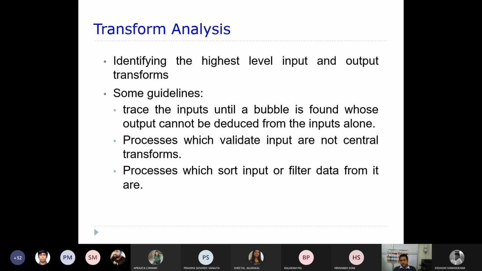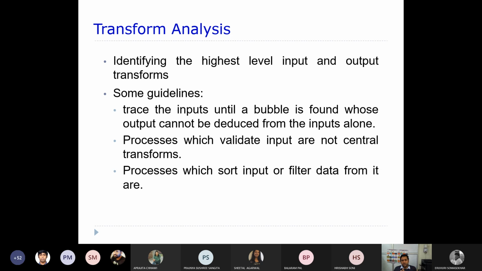If you see processes which validate your input, which take input and give you some sort of output, they are not the central transforms, but they still do some processing.